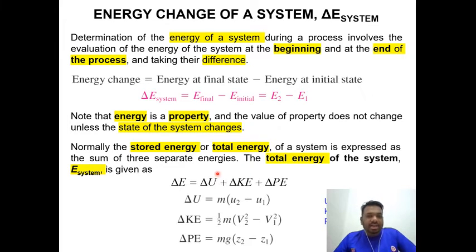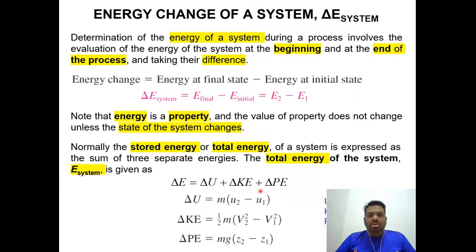Normally the total energy of a system is expressed as the sum of three separate energies. In the changes of energy, we have three components. The first is internal energy, the second is kinetic energy, and the third is potential energy.